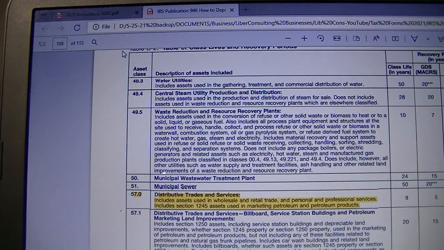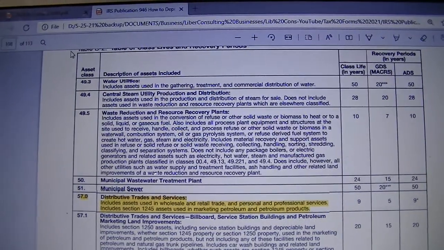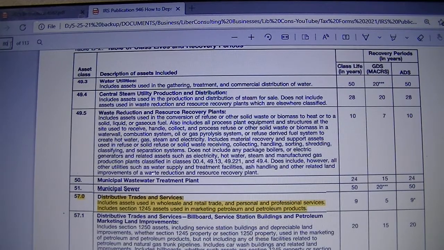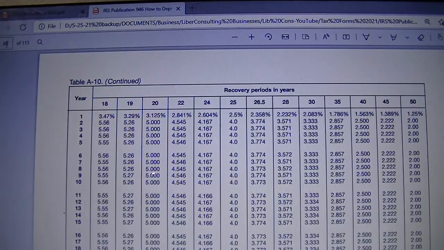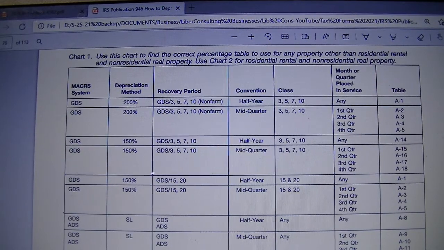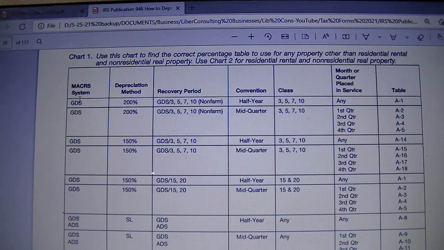Now we will go to publication 946 and we will go to page 80, 70. So now that we know the property class, we know the recovery period, we'll come back to our appendix A, chart 1, and we will look for how we want to depreciate that asset.